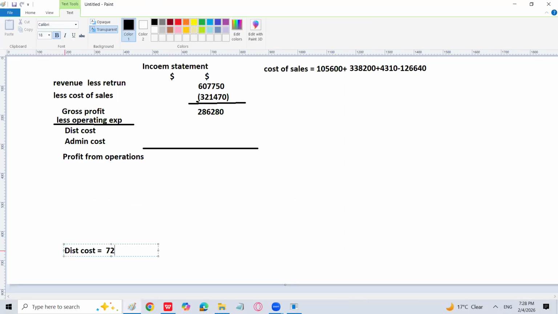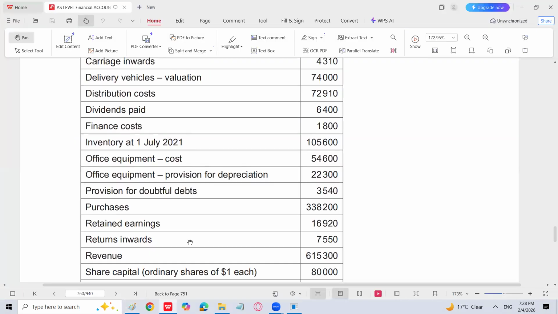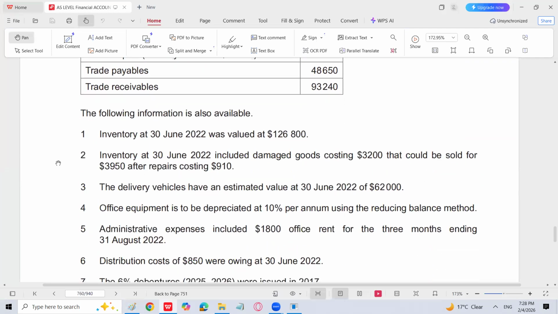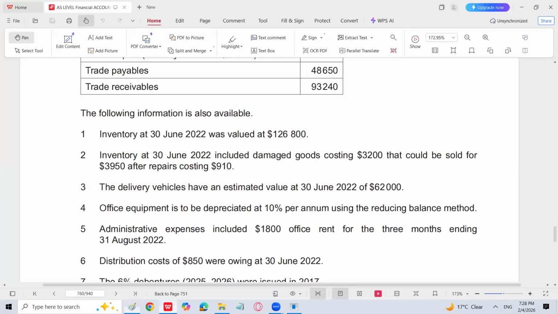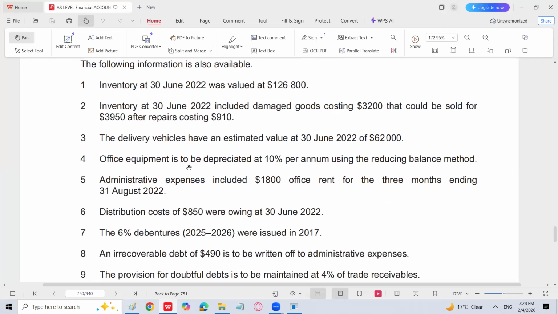That is 72,910. Now, first of all, I will add the depreciation on the delivery vehicle. Delivery vehicle 74,000, but now its value has decreased to 62,000. So 12,000 is going to be the depreciation to be added in the distribution cost. I have written that in the working. Then office equipment will not come. Admin expenses also will not come.